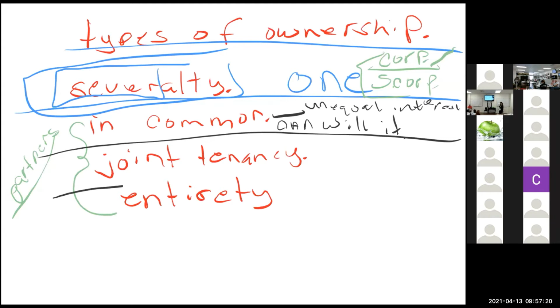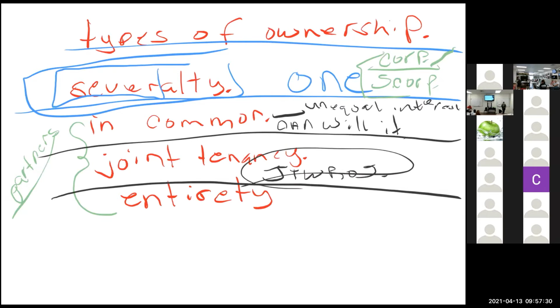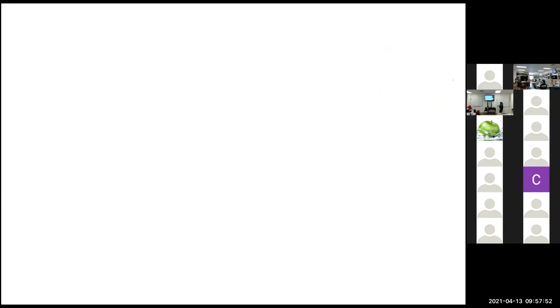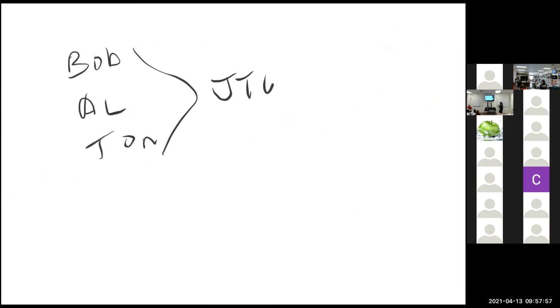Then we have the next partnership, joint tenancy. It's going to be joint tenancy with rights of survivorship. Everybody has equal interest. Equal. Cannot will it. Can't will it. One of your questions is going to go something like, Bob, Al, and Tom own it joint tenancy with rights of survivorship.